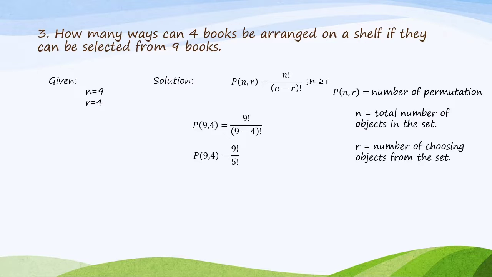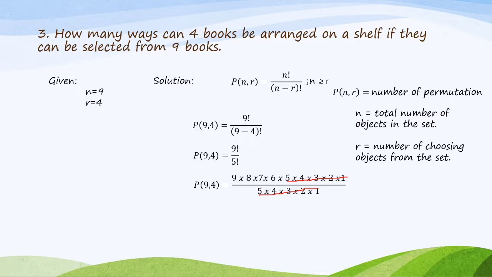So 5 factorial. And then simplify, 9 factorial equals 9 times 8 times 7 times 6 times 5 times 4 times 3 times 2 times 1 divided by the 5 factorial, which is 5 times 4 times 3 times 2 times 1. Then cancel out 5 times 4 times 3 times 2 times 1.